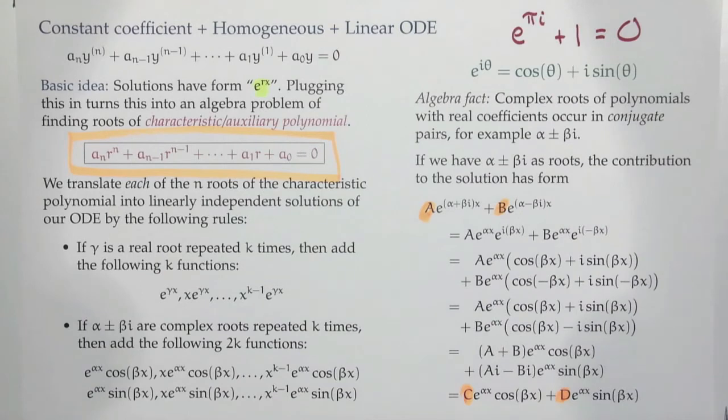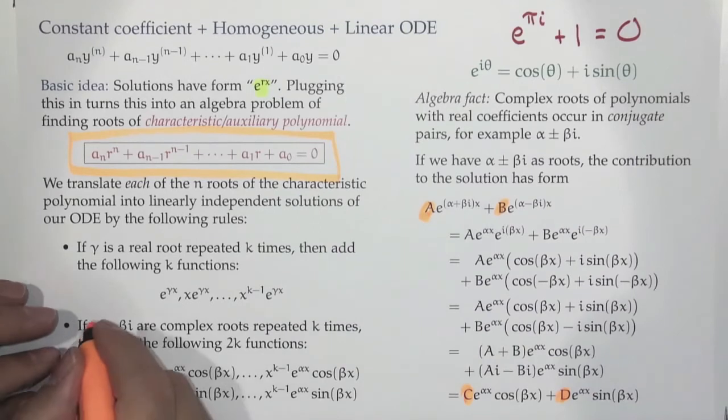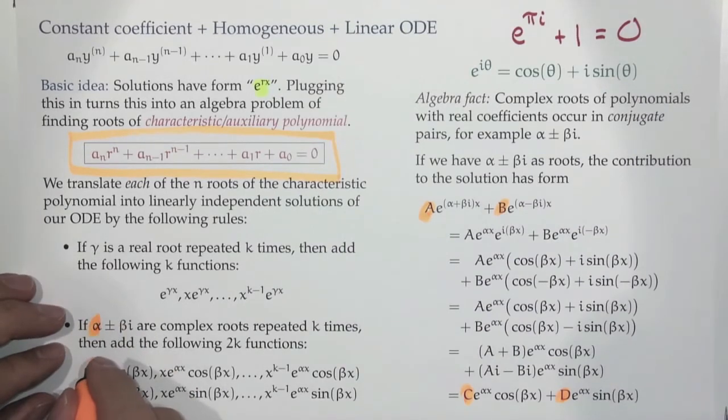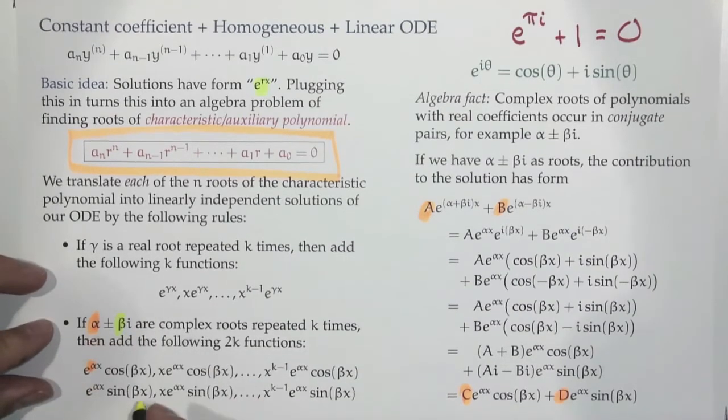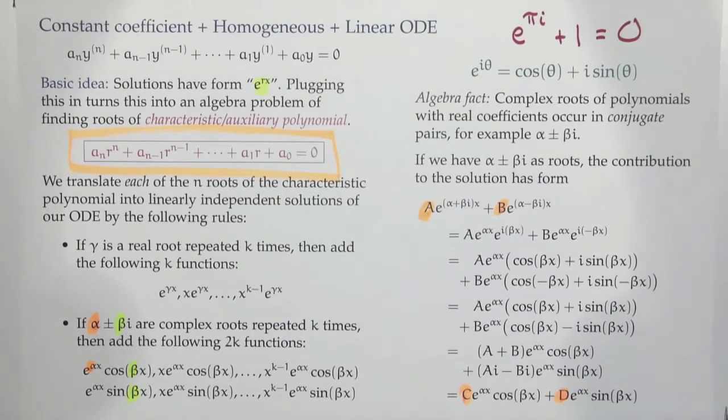So, the moral is, if you have complex roots, the real part goes inside the alpha. The real part alpha goes inside the exponential piece, so e to the alpha x. The beta, the complex part, is what goes inside of either the cosine or the sine. Actually in both, so these always come in pairs.